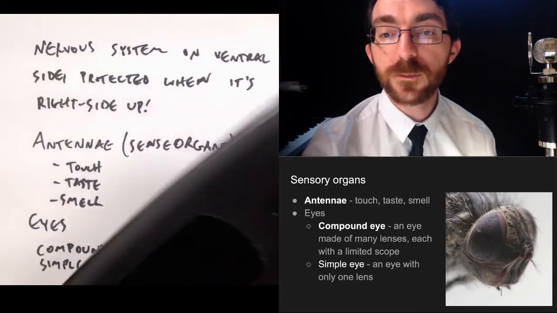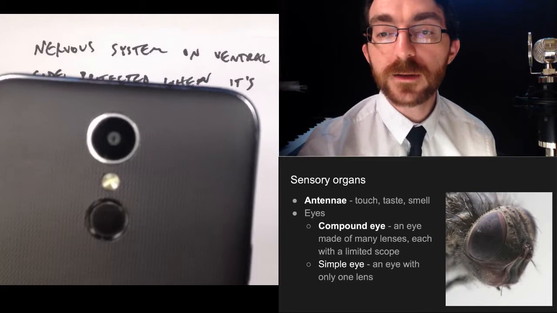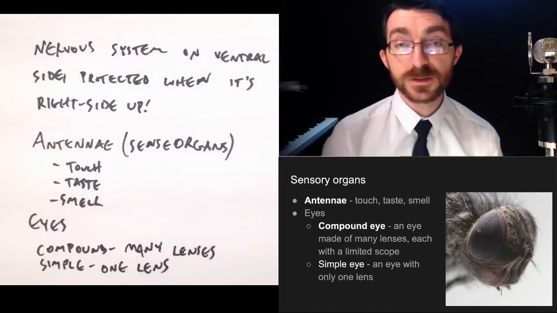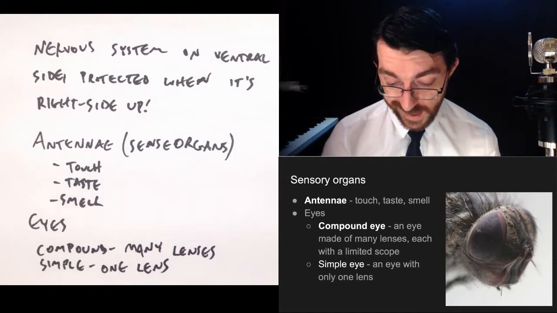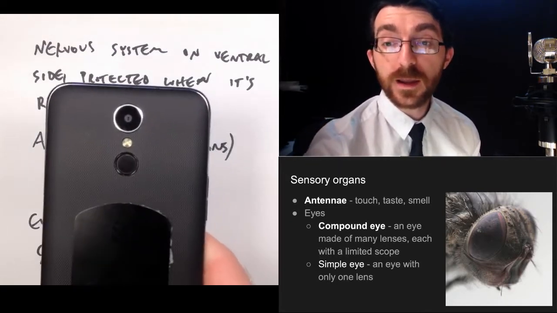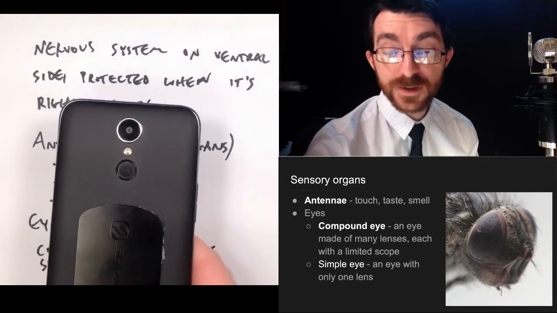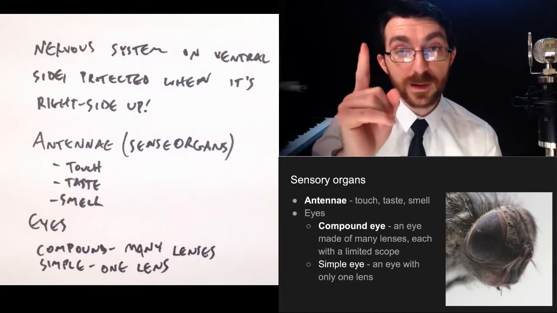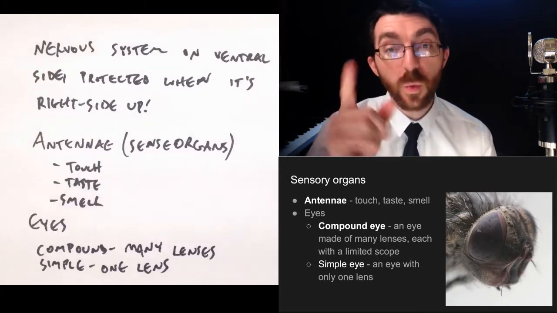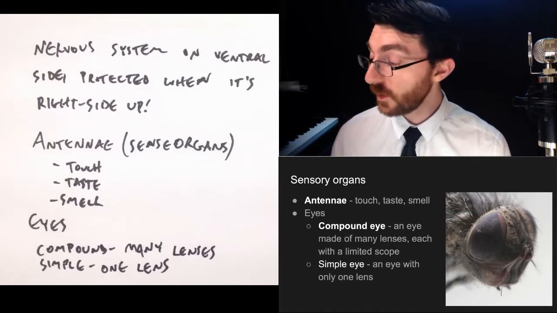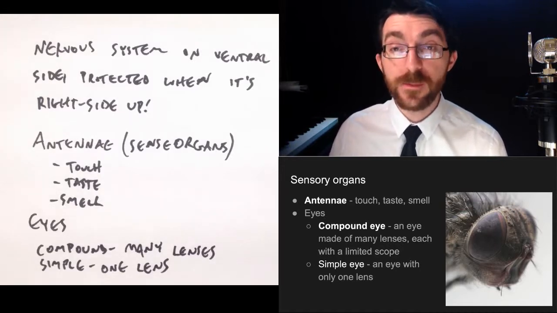So if I were to flip this over, that right there is the lens of the camera. And basically, it is the eye. It is the hole into which light enters if you're taking a picture. And it has one lens. In other words, there is one entry point for light to come in and then get focused onto a retina in order to be imaged.